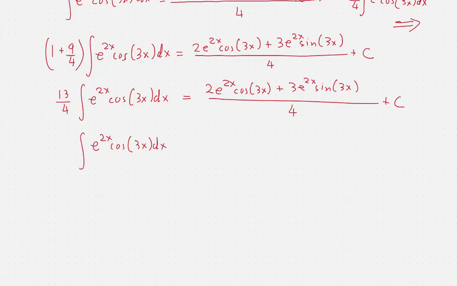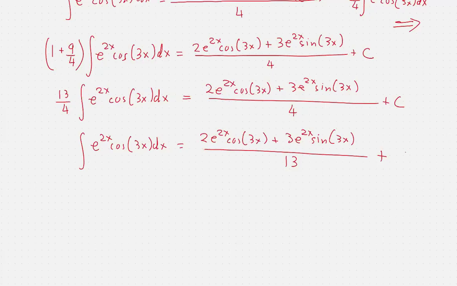So we really get 2e to the 2x cosine of 3x plus 3 e to the 2x sine of 3x over 13. And here you would have got 13 over 4 or 4 over 13 c. That's the same thing as generic as c. It just represents a general constant that we add. I think we explained that in a previous video.